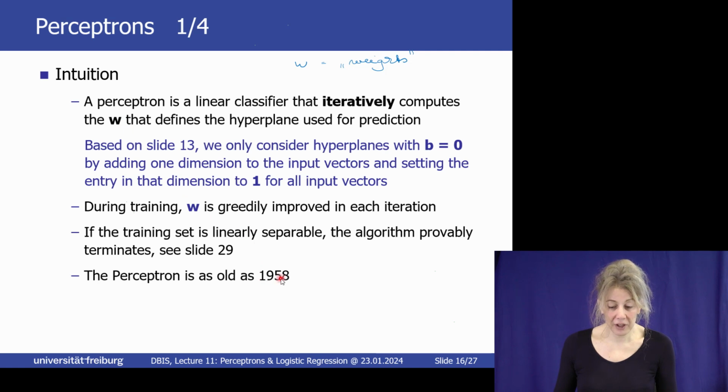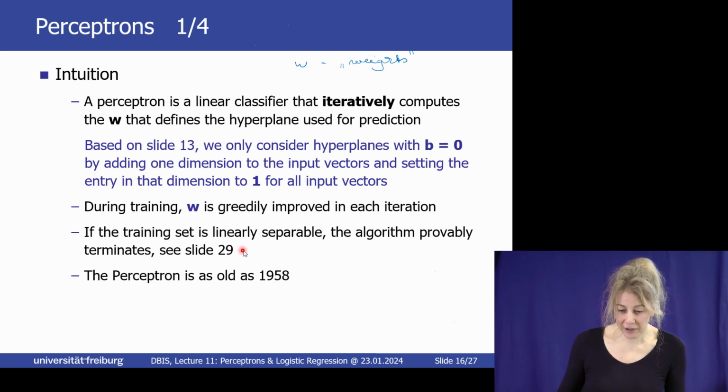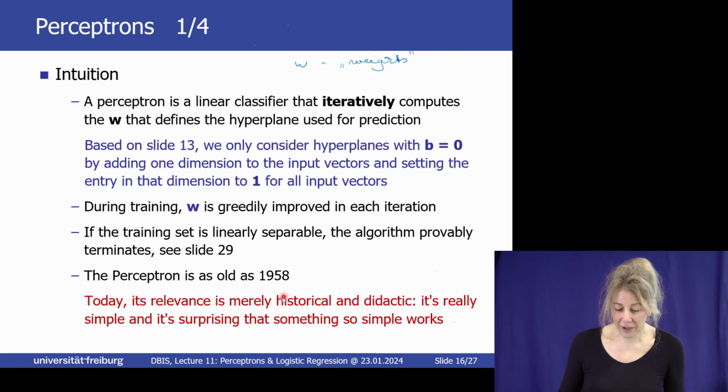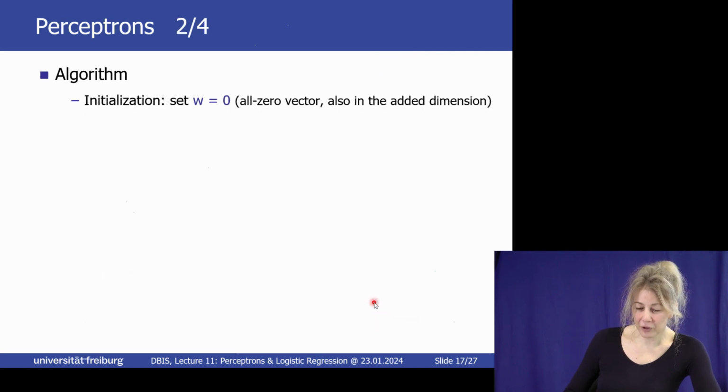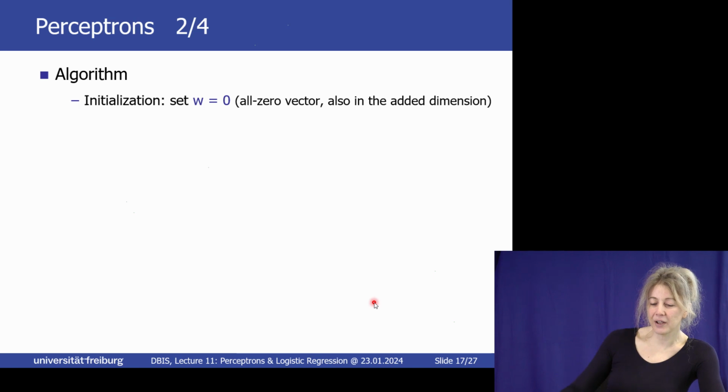The Perceptron is from 1958, and it's like the core idea behind everything learning-wise. You don't use the perceptron anymore, but you use very similar stuff, and it's so easy that you learn something by seeing what it does. So let's just do the algorithm. You want to find a hyperplane.